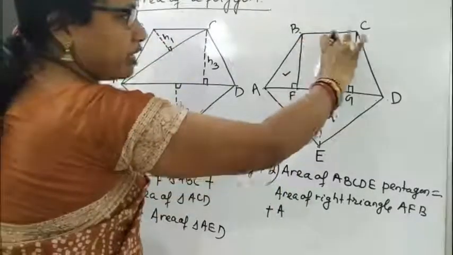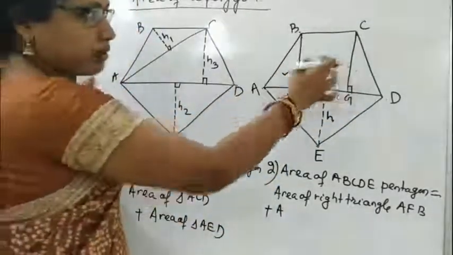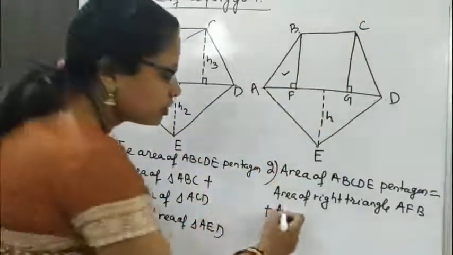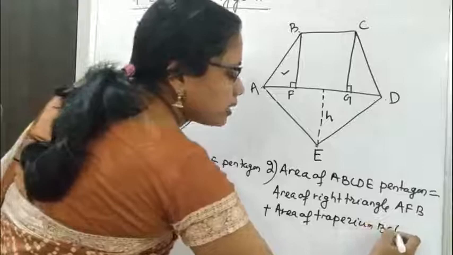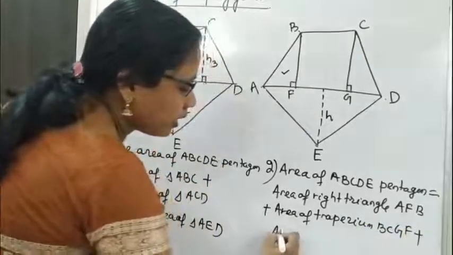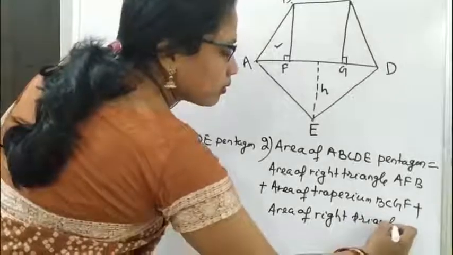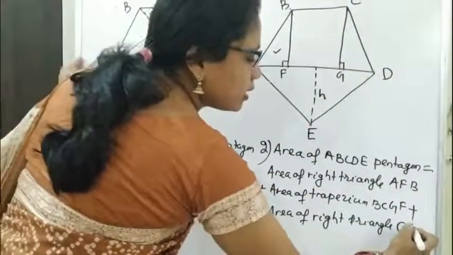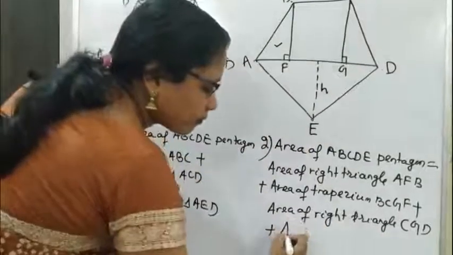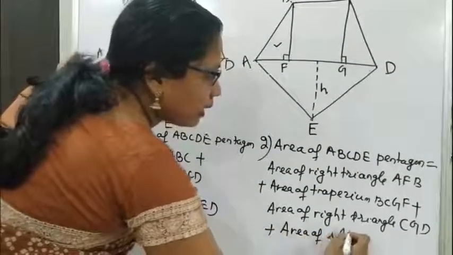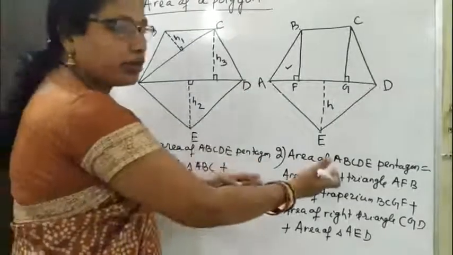This is a trapezium as BF is parallel to CG, these are 90 degrees, so one pair of opposite sides is parallel, so BCGF is a trapezium.